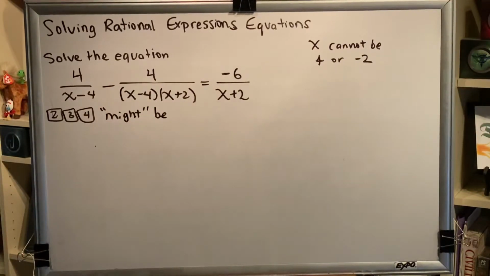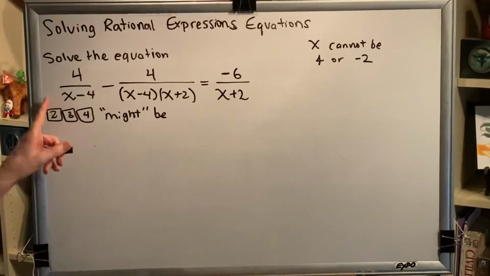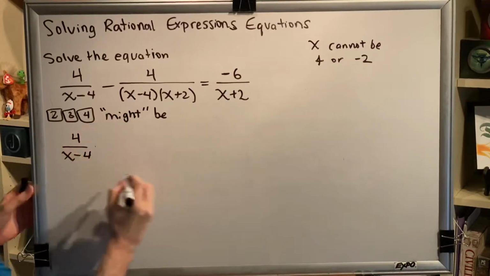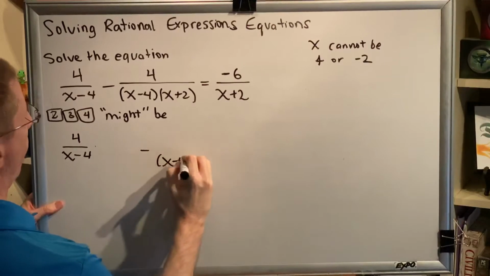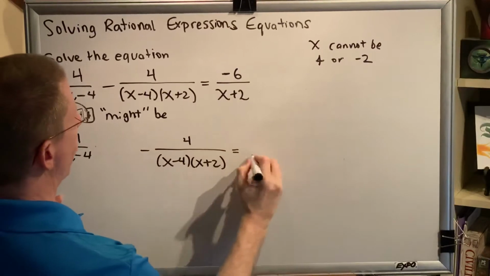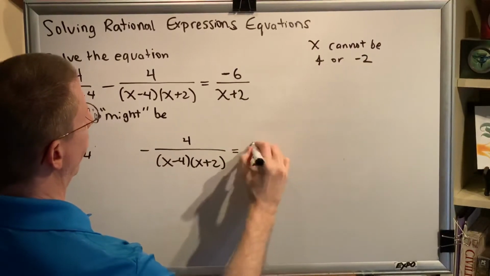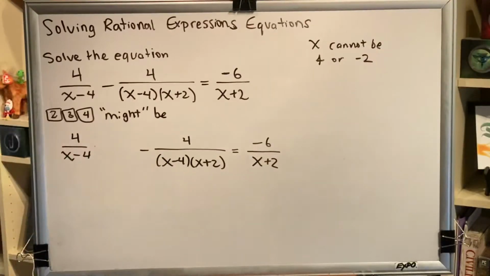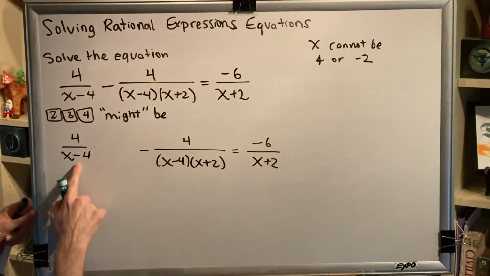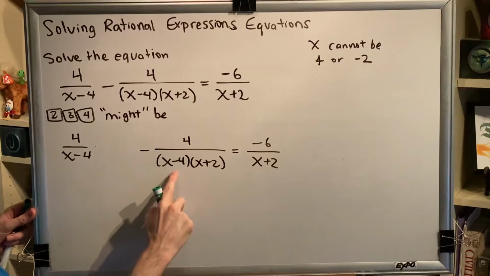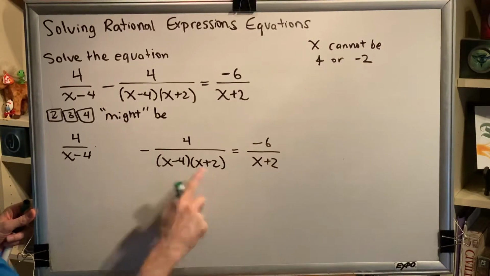Here's how we begin. The first thing we need to do is to make all of the denominators into the least common denominator. So I'm going to rewrite my equation. And now we are going to begin the process of making all of our fractions the same. For example, this denominator is x minus 4. This fraction's denominator not only has the x minus 4, but also has an x plus 2.